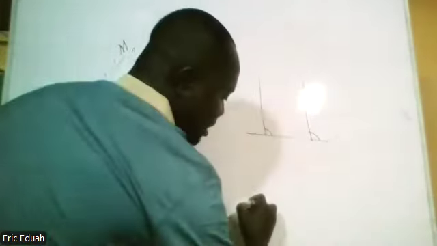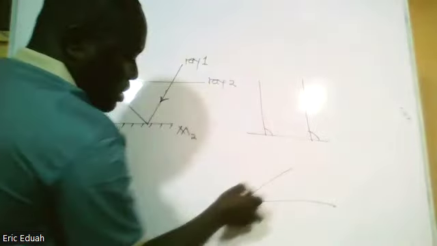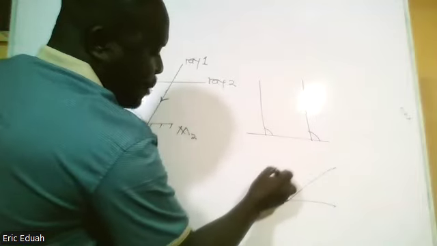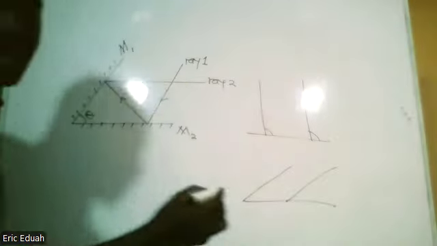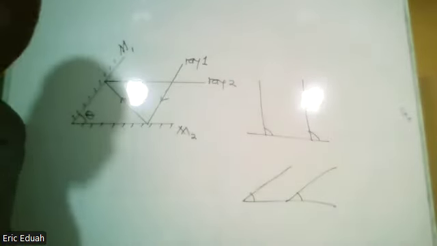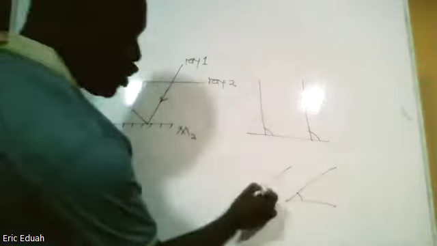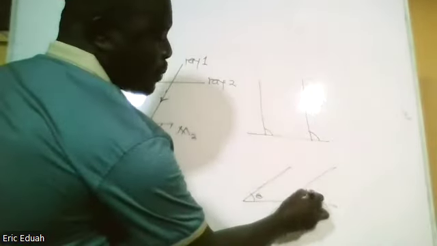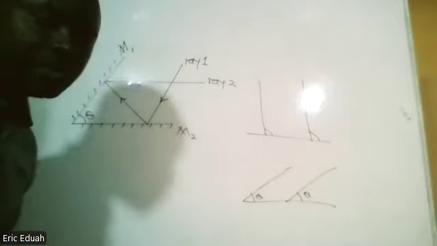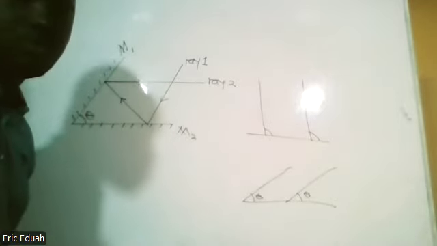If they are also inclined at an angle to the ground and the two lines are parallel, then these angles must be the same. If they don't have the same angles or slope, then they are not parallel.